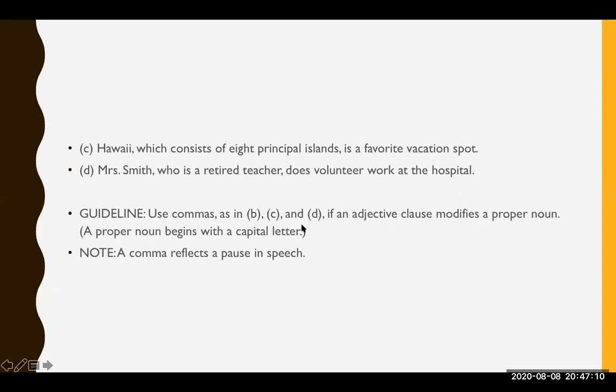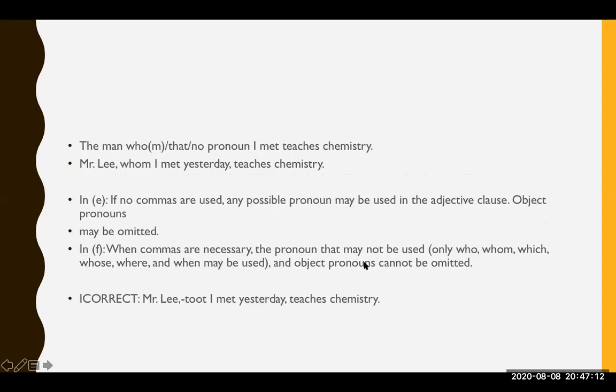A proper noun is a noun that begins with a capital letter. Like, look at this. The man whom, who, or that, or no pronoun, I met teaches chemistry. So which man? You don't use commas here because this information is necessary.